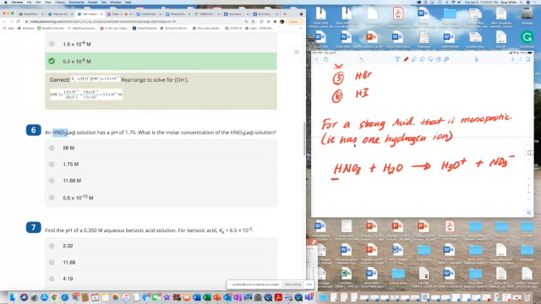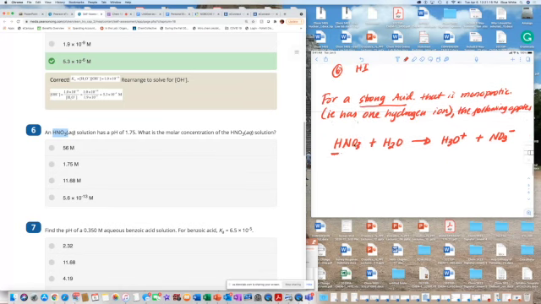Okay, so say the following applies. For a strong acid that's monoprotic, has one hydrogen, i.e., one hydrogen ion, the following applies. The strong acid is added to water, and you see how we have the one-way arrow. This is true for the strong acid. The weak acid has a two-way arrow equilibrium.